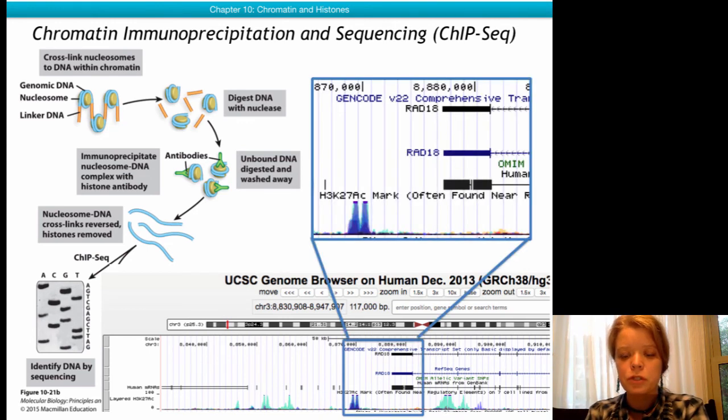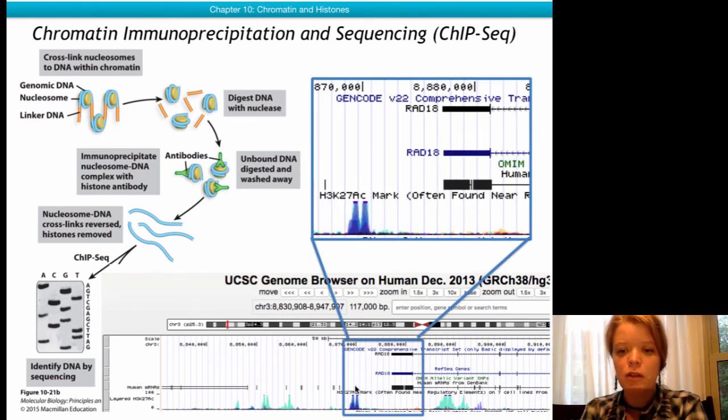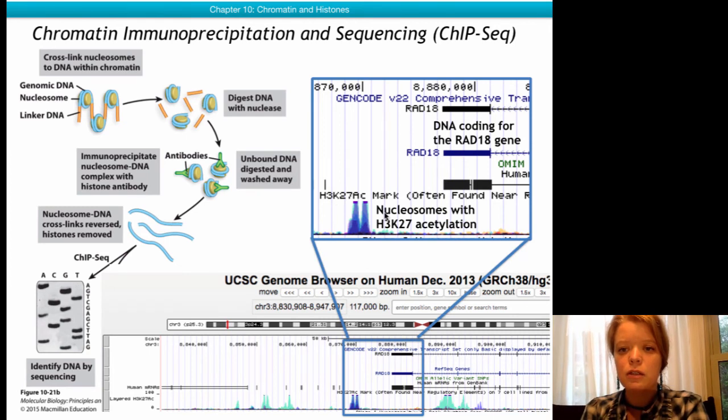But let's zoom in. If we look at this particular location, you can see that there is the beginning of a protein here. RAD18 is the name of the protein. It's the beginning of the DNA coding for the RAD18 gene. And here you can see the nucleosomes with the H3K27 acetylation mark were found here in many, many different cell lines.